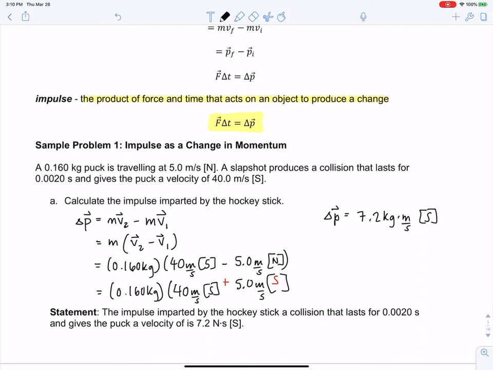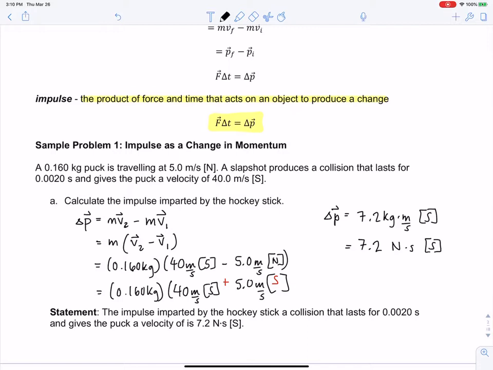Since impulse is force times time, 7.2 kilograms times meters per second can be converted to Newton seconds. Therefore, the impulse or change in momentum imparted by the hockey stick is 7.2 Newton seconds south.